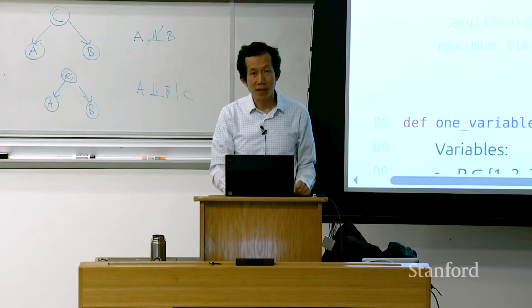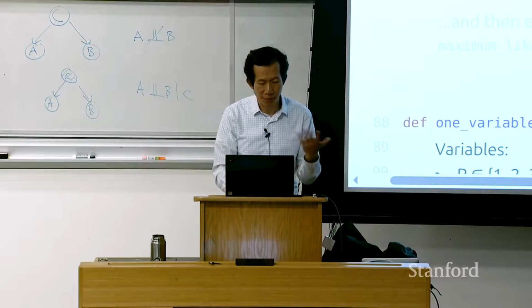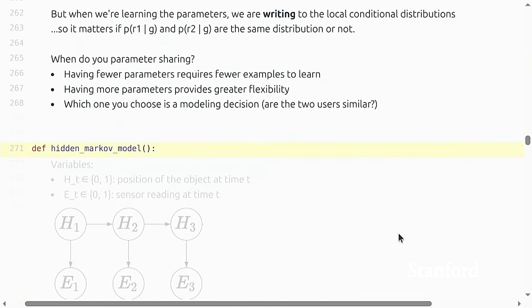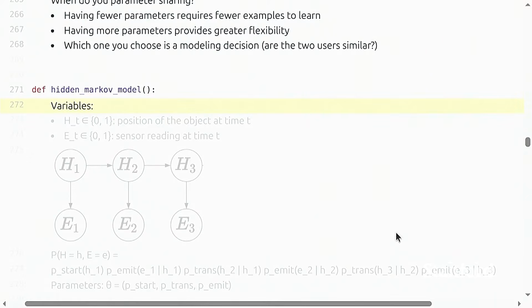All right, so let's talk about another model where we're going to do parameter sharing. This is the final example before I give you the general case. We talked briefly about the hidden Markov model in the first lecture with the probabilistic program, just to remind people what it is. In a hidden Markov model, you have 2 sequences of variables.